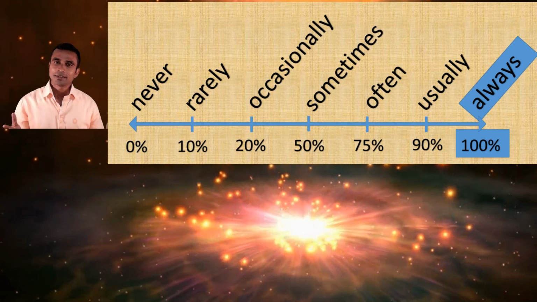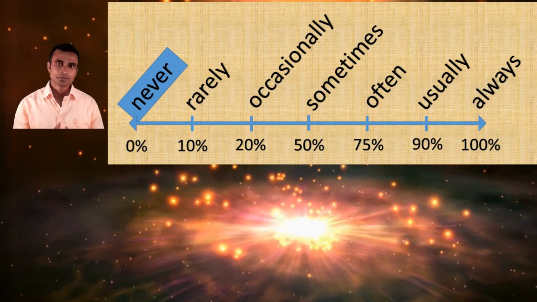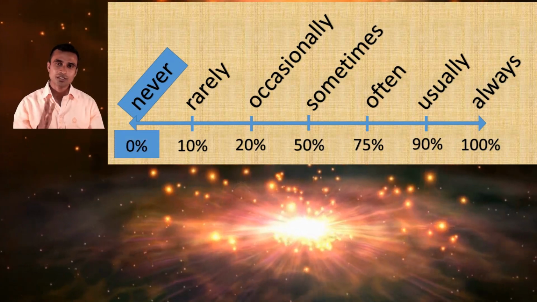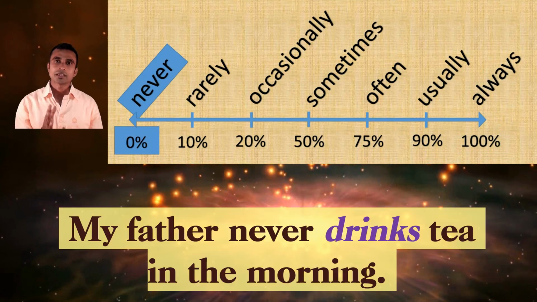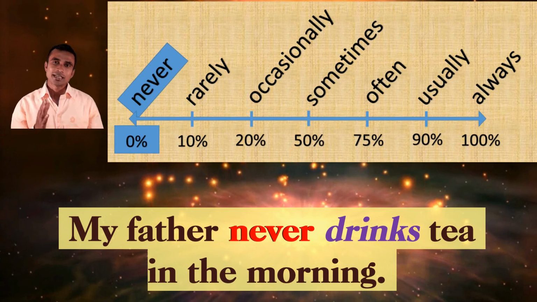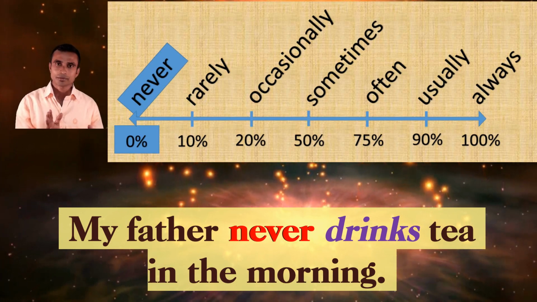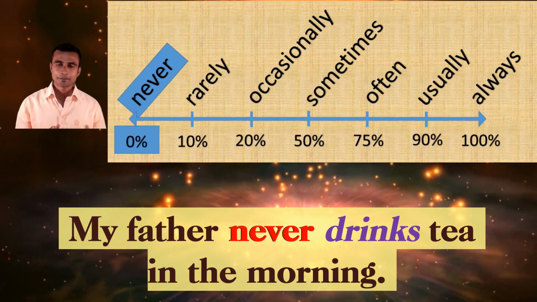On the other hand, we have in the negative meaning never. That is 0%. That action doesn't happen at all. For example, my father never drinks tea in the morning. Right? That means he doesn't drink tea at all, right? He never drinks tea. Maybe he doesn't like it, right?